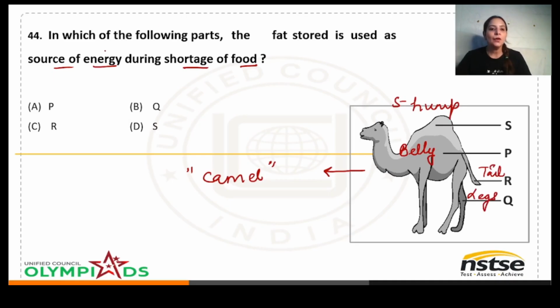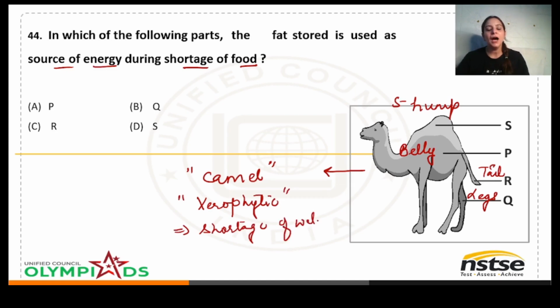Okay, so now it is asked that in which of the following parts the fat stored is used as the source of energy during shortage of food. We know that camel is a xerophyte. That means the animals which are found in desert areas have shortage of water.